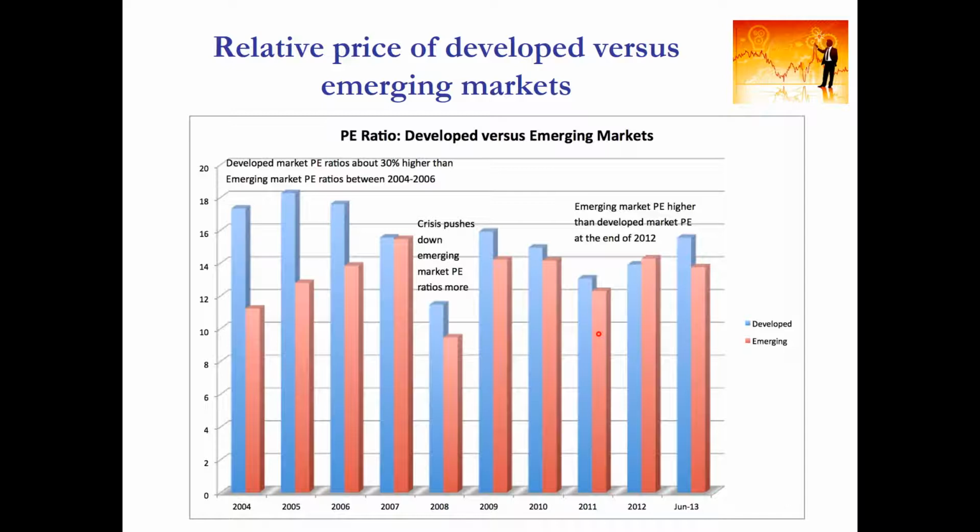So overall, this result may indicate that although there is some benefit of diversification and some benefit of investing in emerging markets due to the underpricing of their shares, this underpricing or this diversification benefit is dissipating over time.